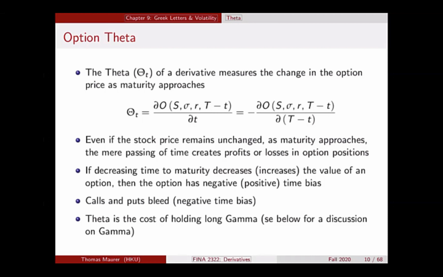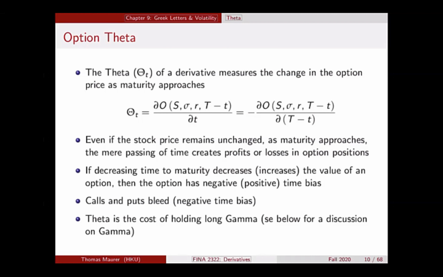Notice that if I proceed forward in time, that means time to maturity shortens, and so I can rewrite this derivative as minus the partial derivative of how the option price changes as the time to maturity changes. That minus sign just comes from the fact that time to maturity shrinks as you proceed forward through time.